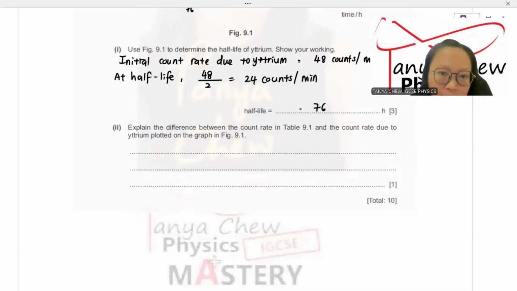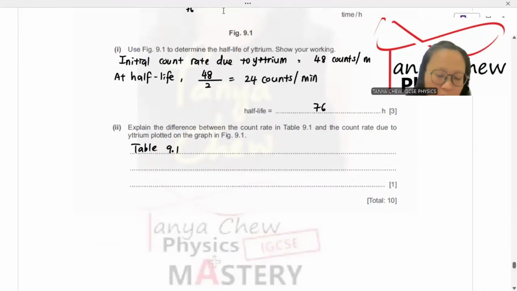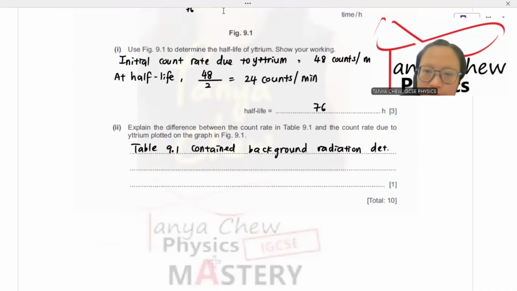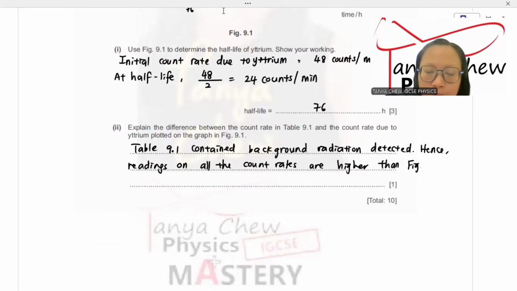So table 9.1 contains background radiation detected, hence readings on all the count rates are higher than Fig 9.1.